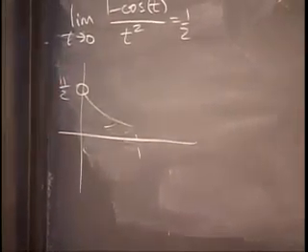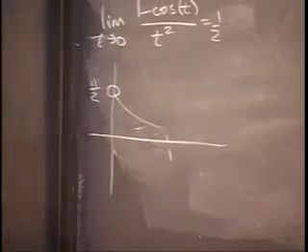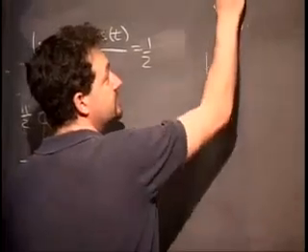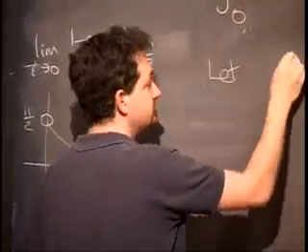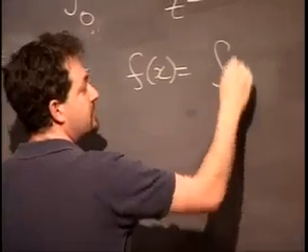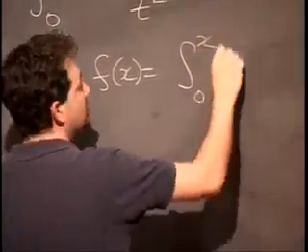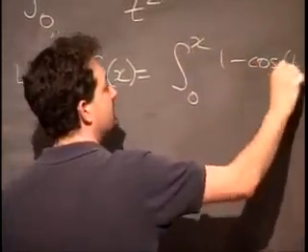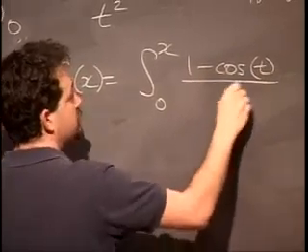We need a function. Here is a nice technique. Let the top endpoint be variable. Here is the function I'm going to use: the integral from 0 to x of 1 minus cosine t over t squared.